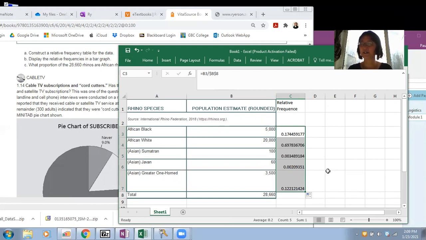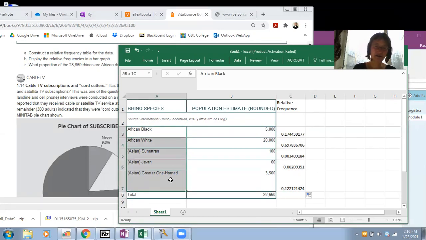Okay. So this is the answer for question A, create a relative frequency table. Question B, display the relative frequency in a bar graph. Okay. To do that, you have to select non-adjacent data range. Okay. So first select this one, then press and hold down Control and select this one.